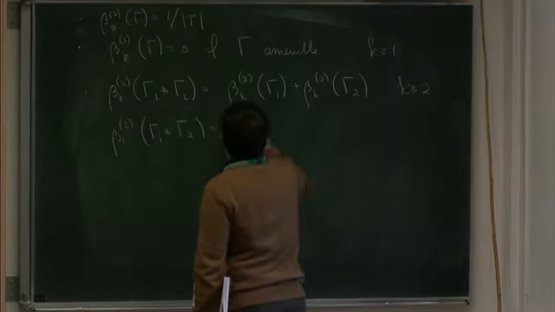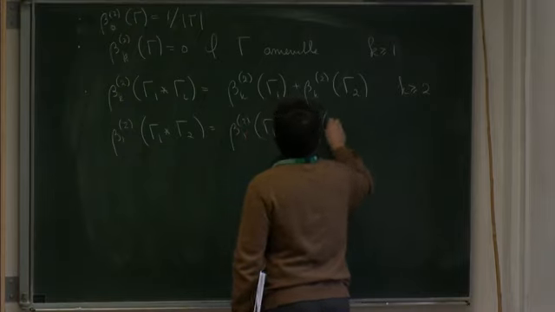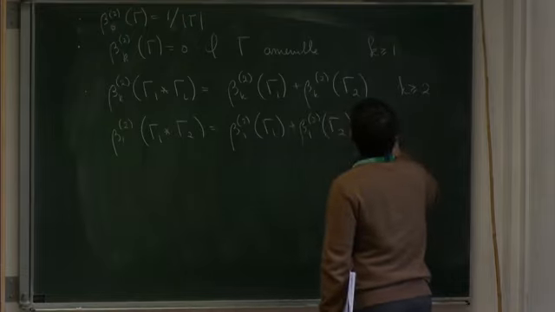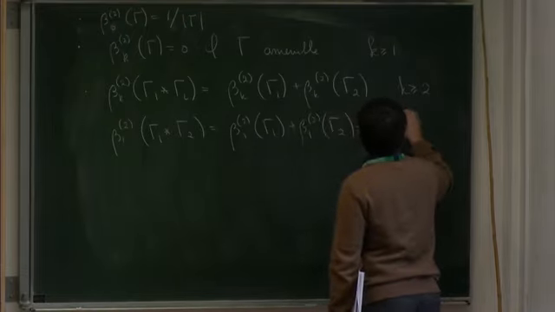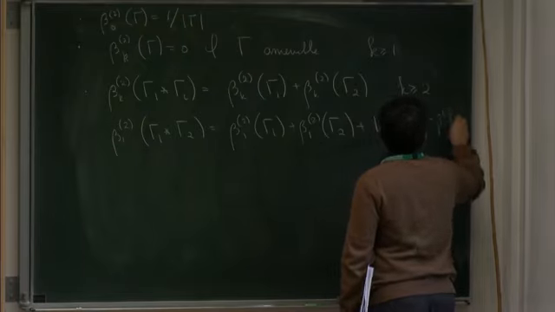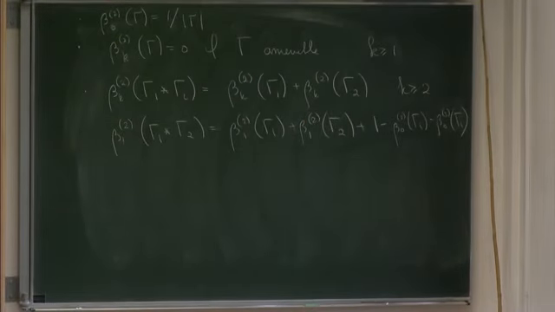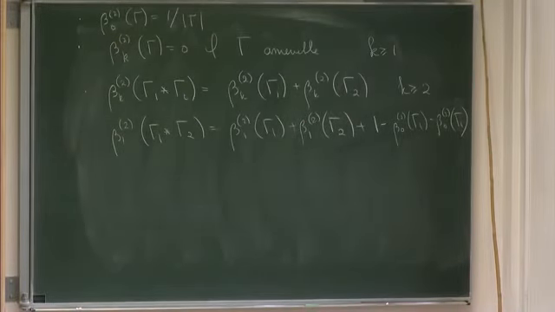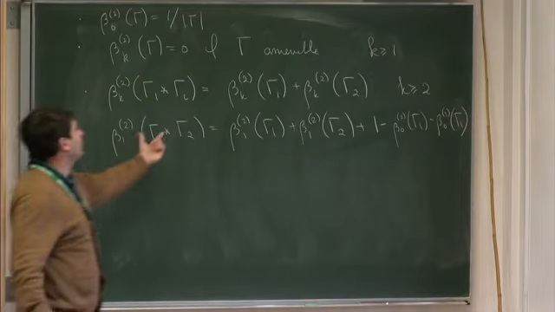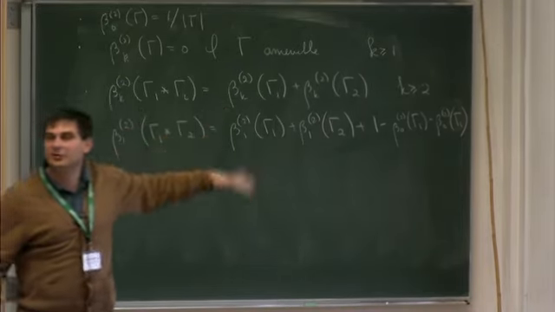It is the sum of the two, plus 1 minus beta 0 of the first one, minus beta 0 of the second one. If you want to know why there's this funny thing, it's because when you model the space in which the group acts, you have to take some kind of join over a point, and so things are special in dimension 0.